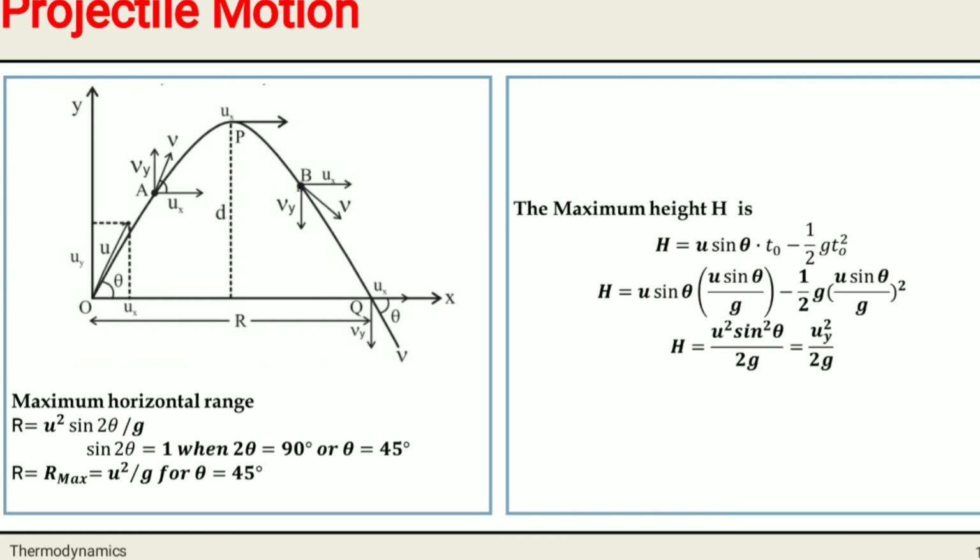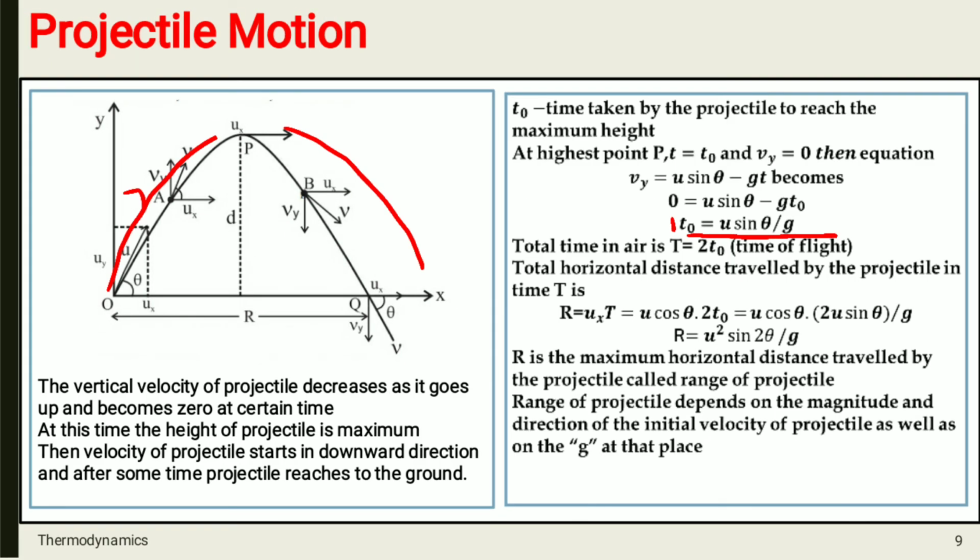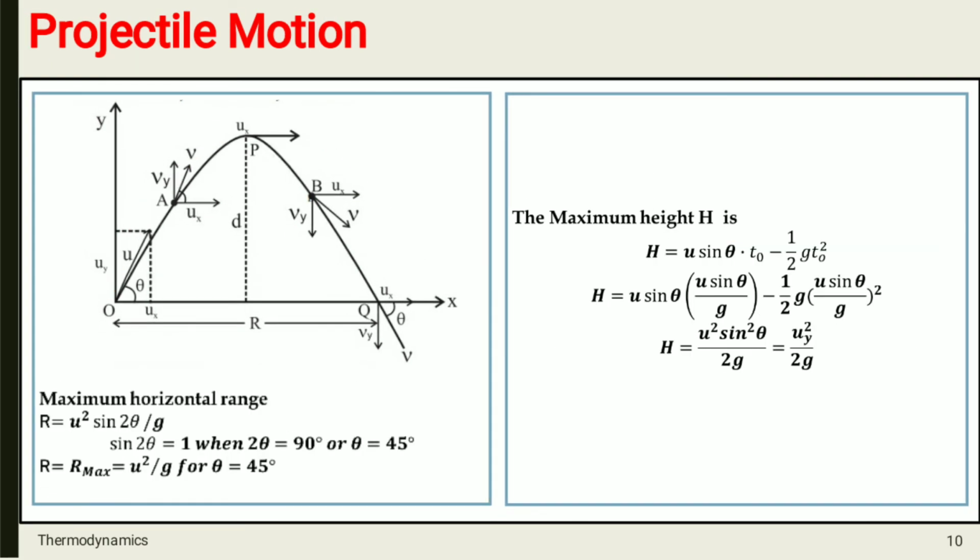And if you have to calculate the maximum height, so H is equal to, sorry, H is equal to u sin theta times T0. Again, H is the displacement of the projectile along the y-axis.